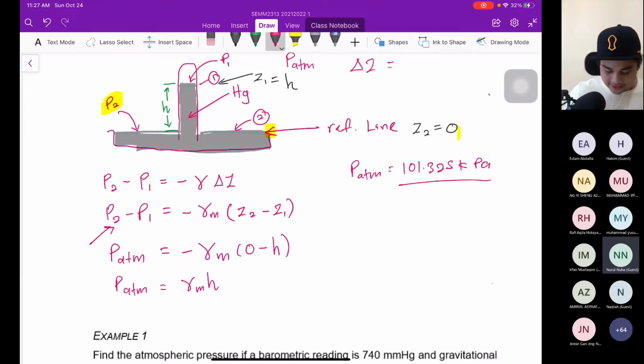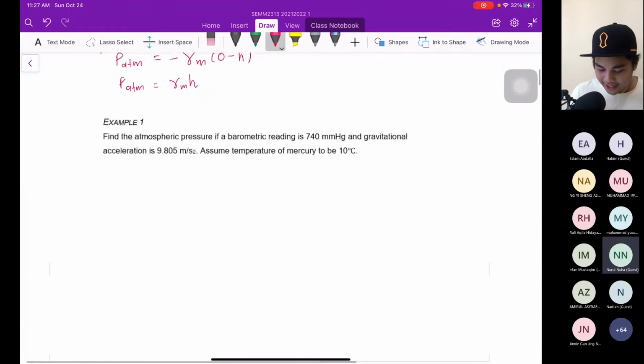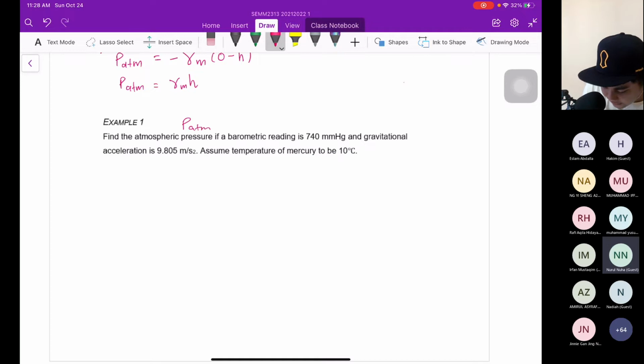Okay, clear so far? After you have understood, let's take an example, because your course learning outcome for this part is to do the calculation. You must know how to calculate. So find the atmospheric pressure, PATM.